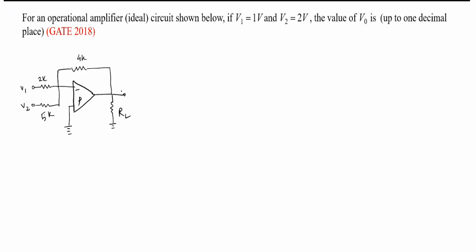Now, this can be solved in many ways, but I will use a trick. Suppose you have two inputs like this in an op-amp, minus and plus with some feedback resistor.